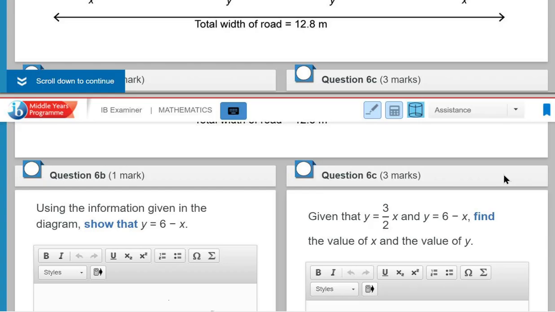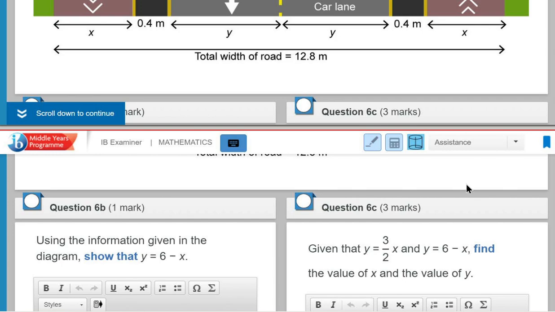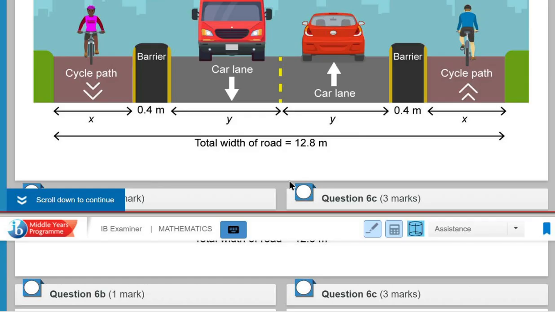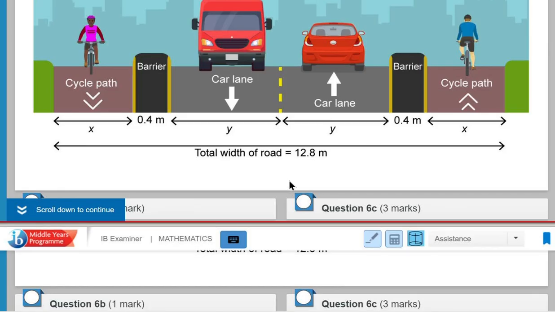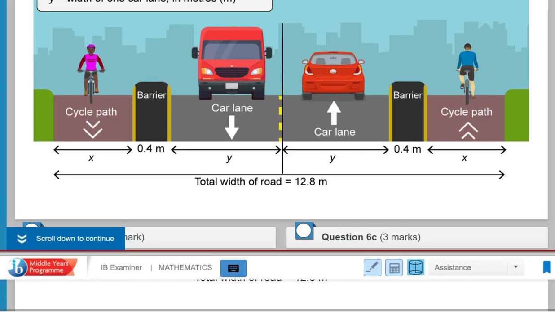Using the information given in the diagram, show that y equals 6 minus x. Okay, now look that the total width is 12.8, right? Let's just focus on this part. So if the entire width is 12.8, half of it is going to be 6.4, right?